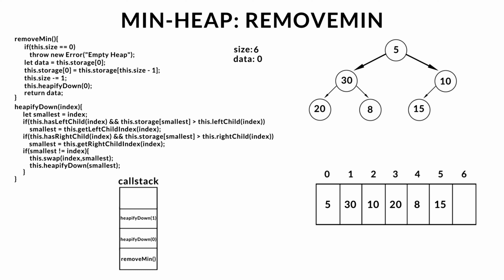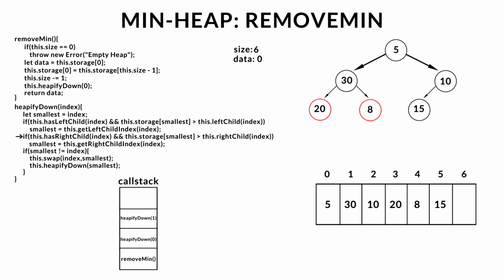So executing our heapifyDown method once again, first initialize smallest to the node we're currently at. We then check to see if we have a left child. We do. Is the left child smaller than the node we're currently at? Yes, it is. So we set smallest to the left child. We now check to see if we have a right child. We do. Is the right child smaller than our current smallest?